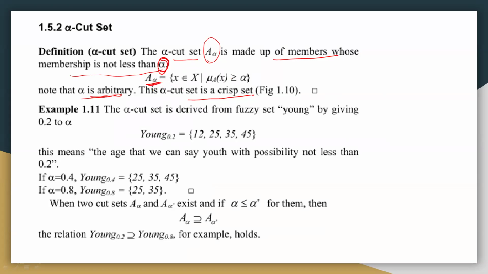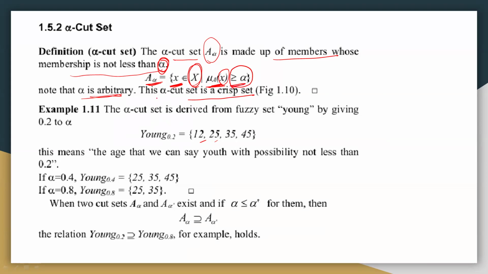You just have to write the values of x, meaning the direct crisp values like 15, 25, 35, etc. The values of x that belong to the universe of discourse capital X, where the membership value of that element should be greater than or equal to a particular value alpha.